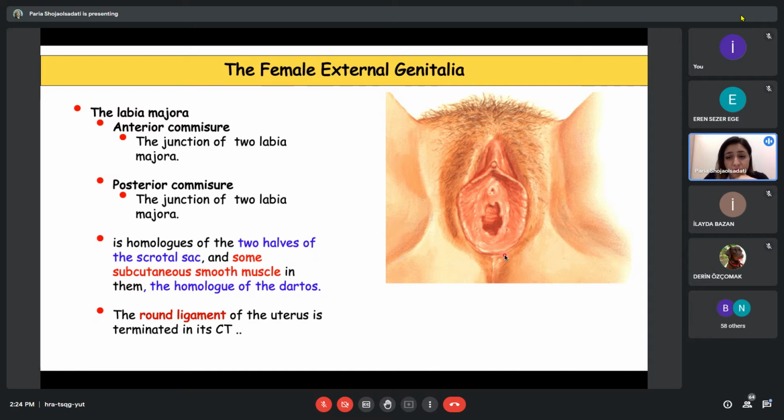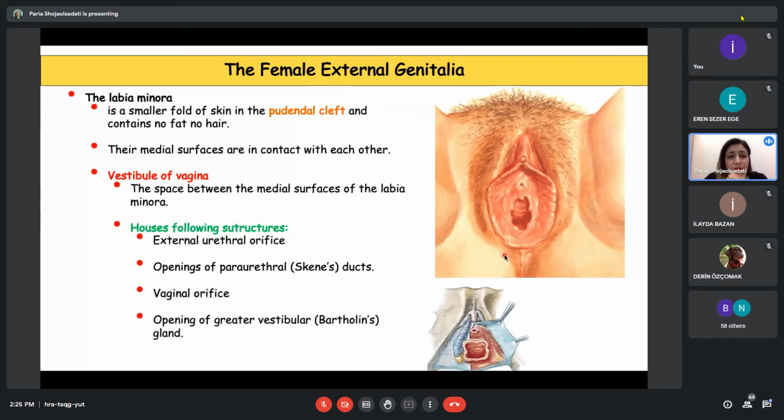The labia majora are homologous to the two halves of the scrotal sac, and like the scrotal sac they contain smooth muscle. This smooth muscle inside the scrotum is named the dartos, but in the female it has no specific name. The round ligament of the uterus comes and terminates in the cutaneous tissue of the labia majora.